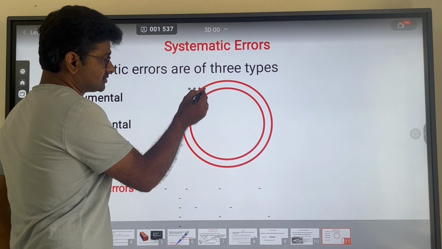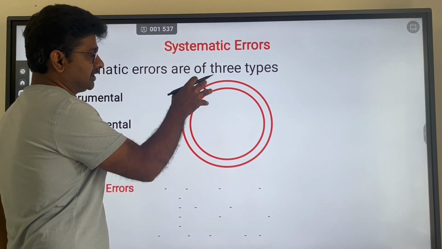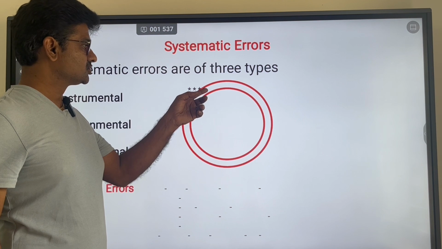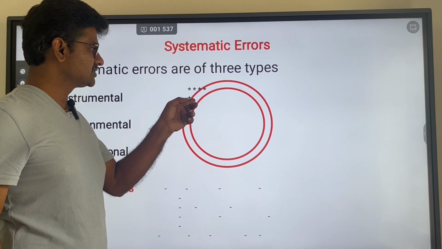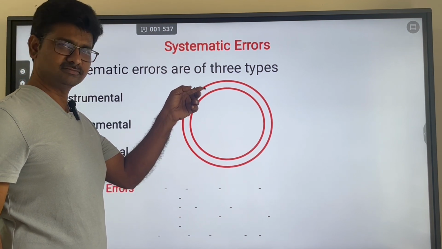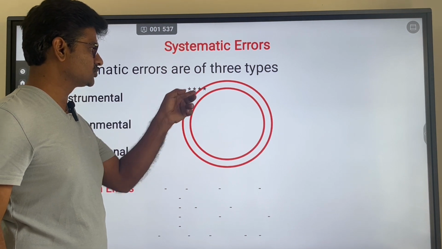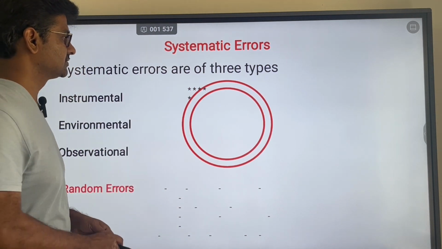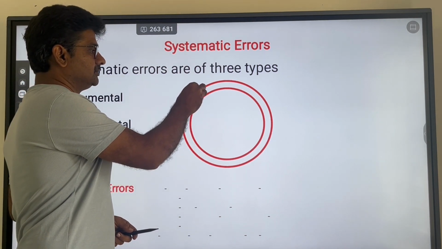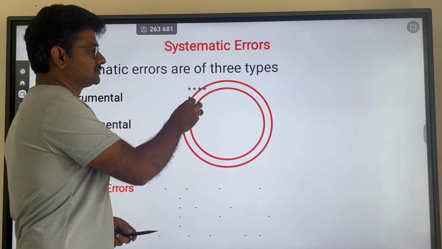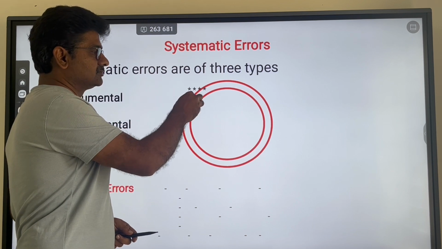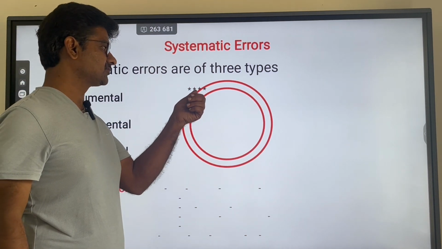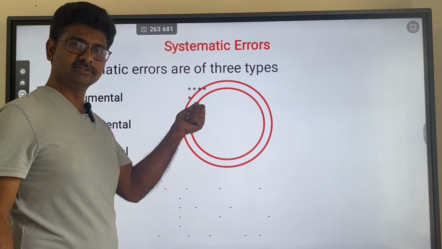But if you look at this, all these values are in a particular place. Only one is within these circles, so that is the accurate value you are getting. Other things are away from this. Now, these values are very close to each other, but they are outside the circle. That means they are not accurate.